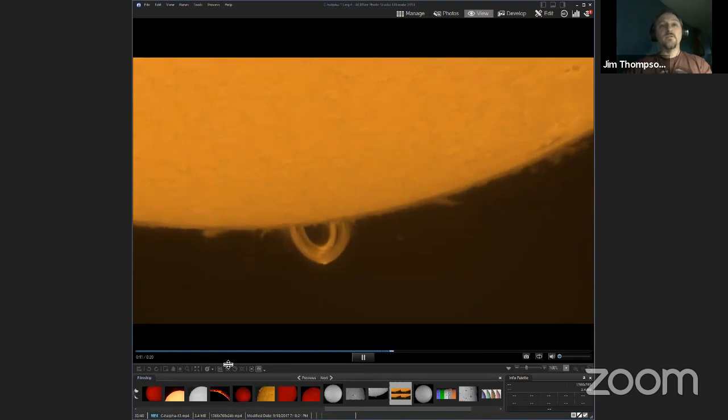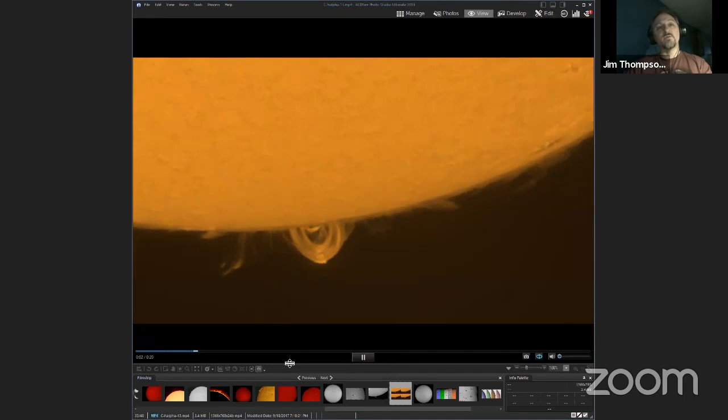So these were all individual pictures captured maybe every 15 minutes apart for several hours. And I just tied them all together. Here, I'll loop it. I use software to put it together into an animation to show actually what is happening with these prominences, how the material is moving around.